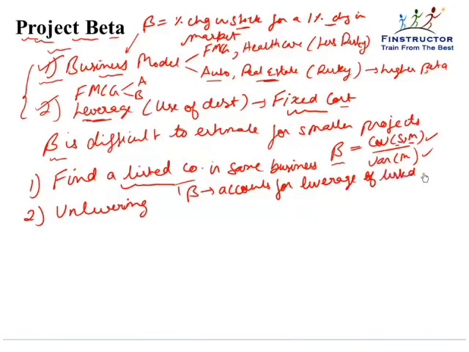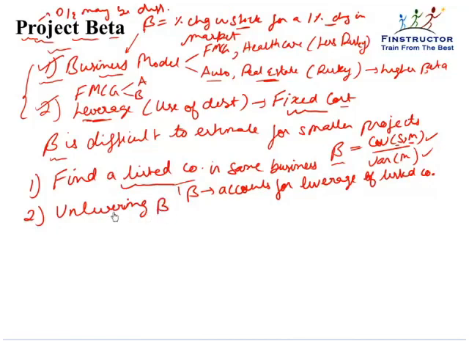If the listed company has less debt, then the beta would be lower. So my project's debt equity may be different than this listed company. Business may be the same, but debt equity may or may not be the same. So the second step is unlevering the beta.